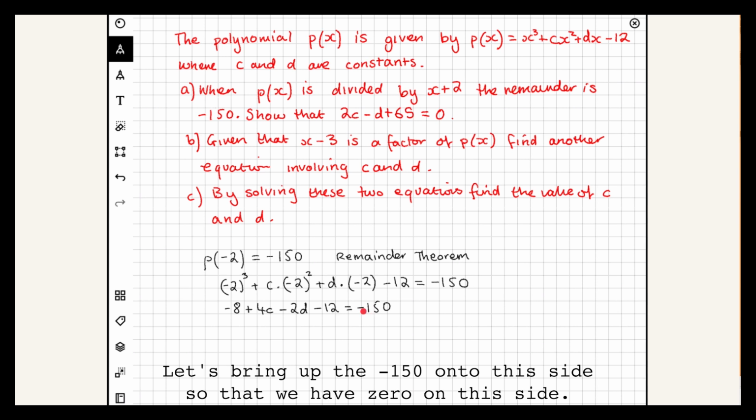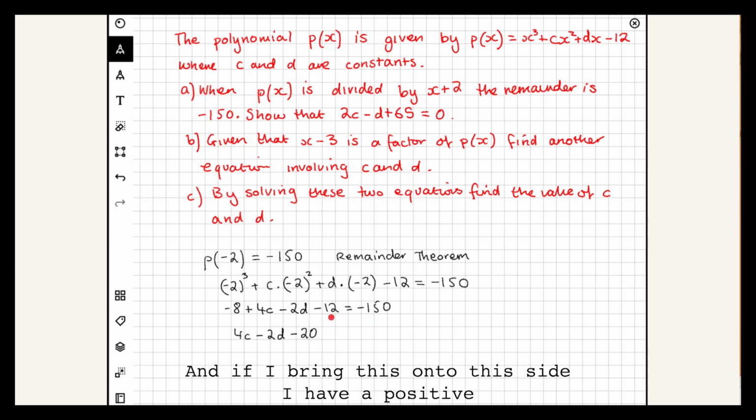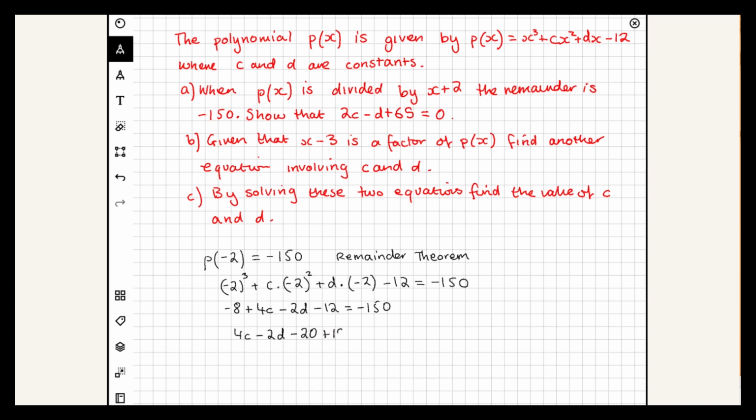Let's bring the minus 150 onto this side so that we have 0 on this side, and we get 4c minus 2d. Minus 8 minus 12 is minus 20. And if I bring this onto this side, I have a positive 150 equals 0.